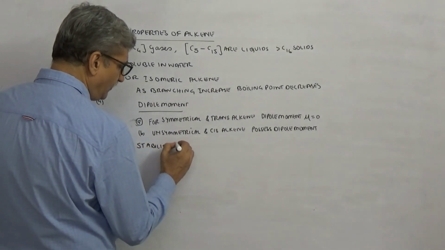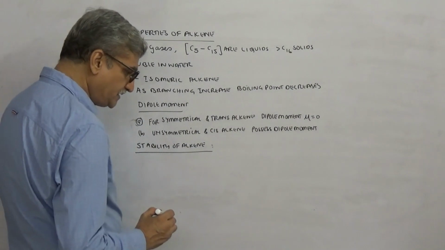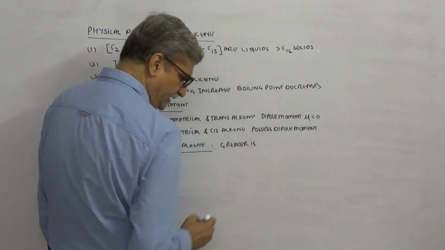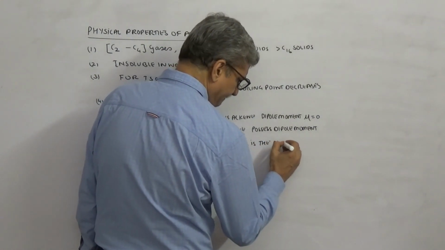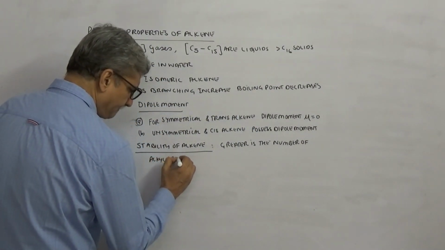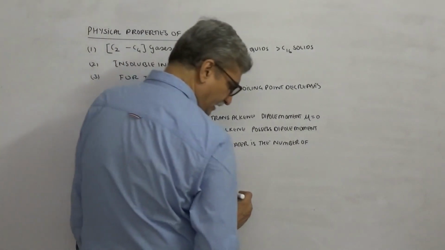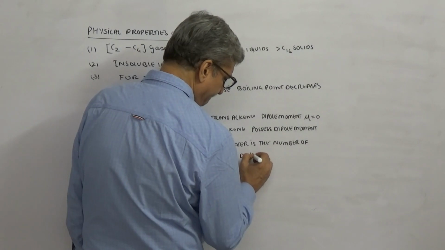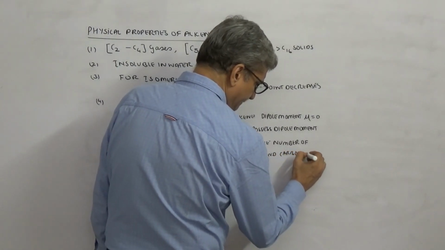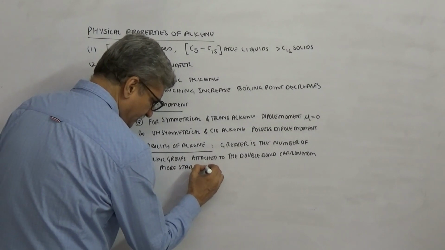So when we talk of stability of alkene, greater is the number of alkyl groups attached to the double bond carbon atom, more stable is the alkene.